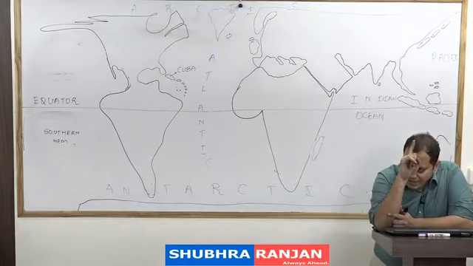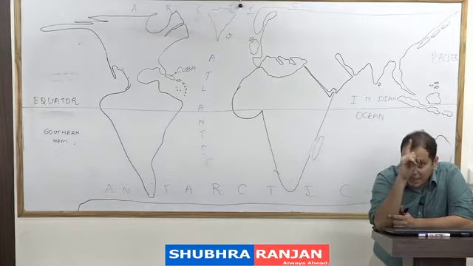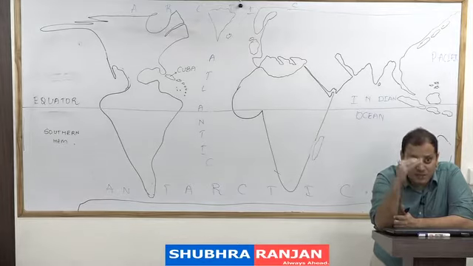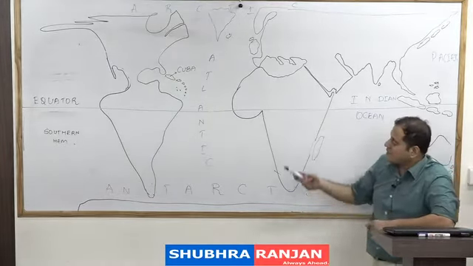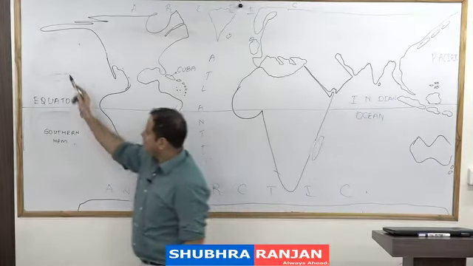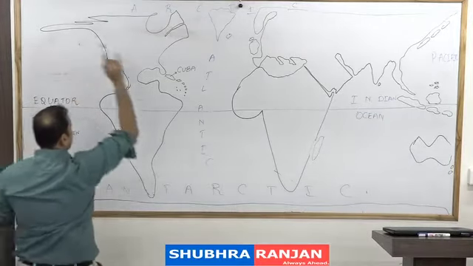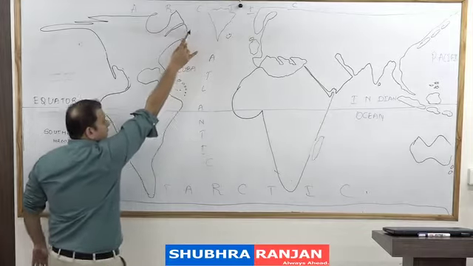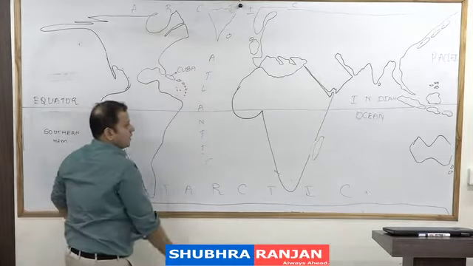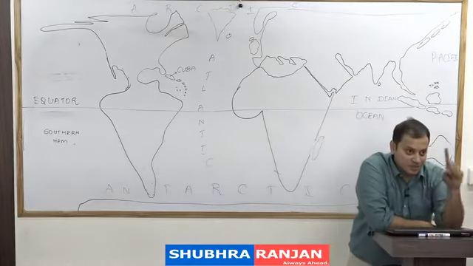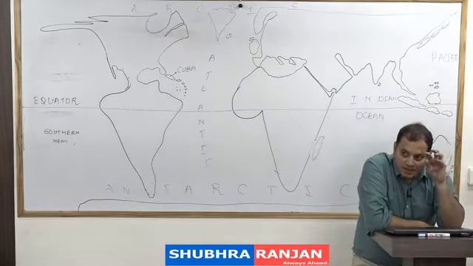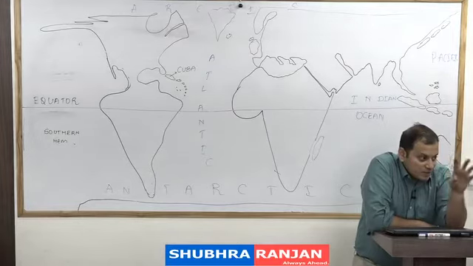And can I say it is the only ocean out of the three major oceans which is half an ocean? क्यों half? Because unlike the other oceans, Pacific connected to the Arctic and Antarctic, Atlantic connected, but Indian Ocean is surrounded by the landmass in the northern hemisphere. It is not connected to the polar regions in the northern hemisphere.